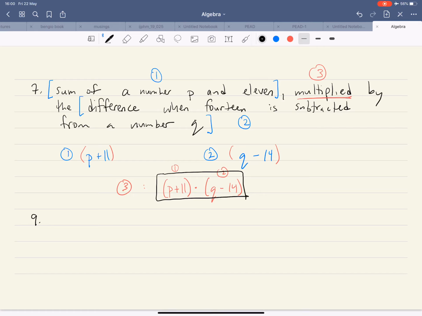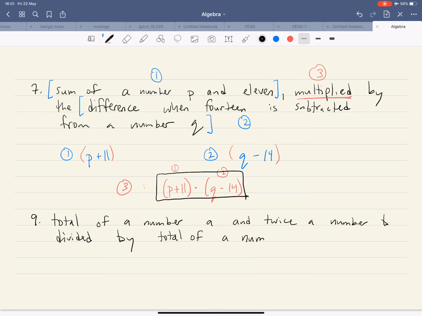So the phrase for number 9 is total of a number a and twice a number b divided by total of a number c and the fifth power of a number d.